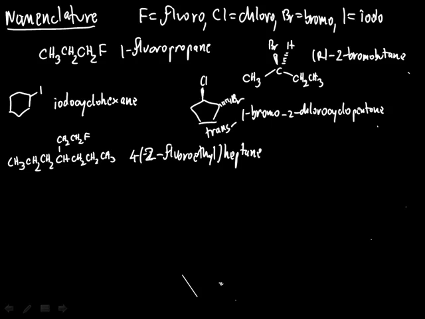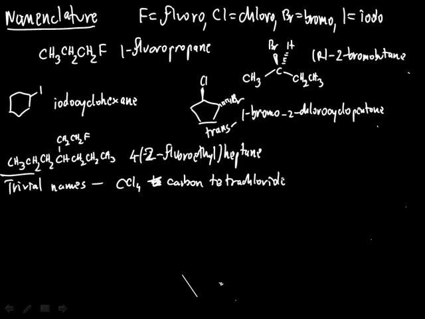As I mentioned, many of these halogenated hydrocarbons are common solvents, and as such they have trivial names which still persist very much. We will use only a handful of them, such as the trivial name for carbon tetrachloride, also a very good solvent, but now very difficult to find because it destroys the ozone layer.